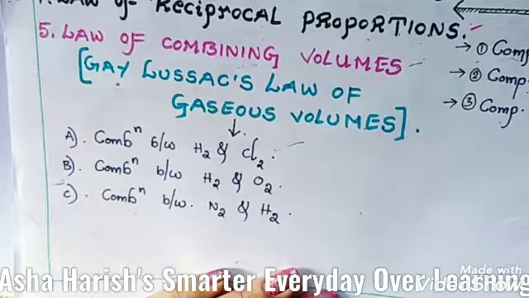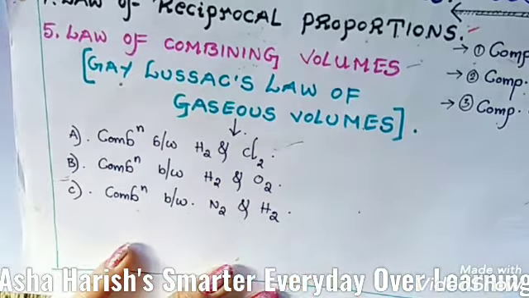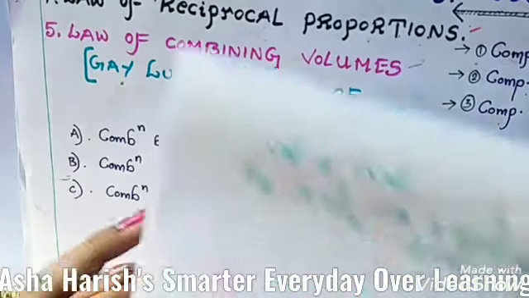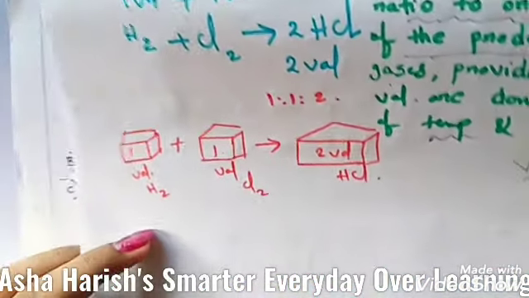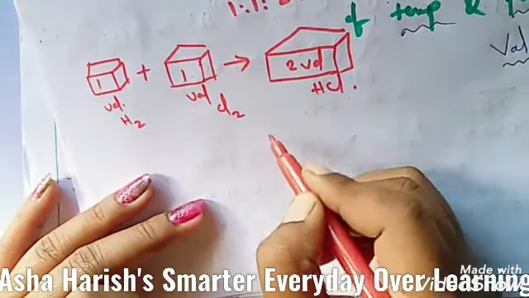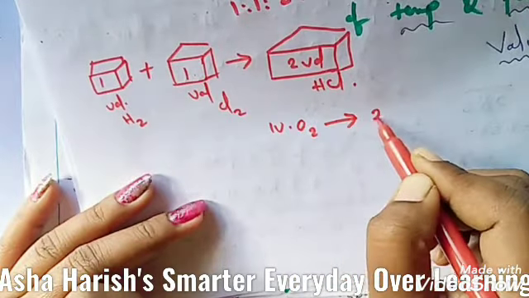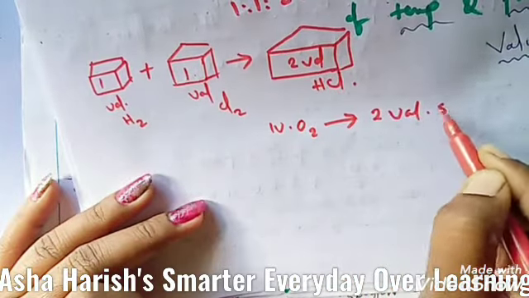Okay, in this second case, combination between hydrogen and oxygen. 2 volumes of hydrogen always combine with one volume of oxygen to produce 2 volumes of steam.